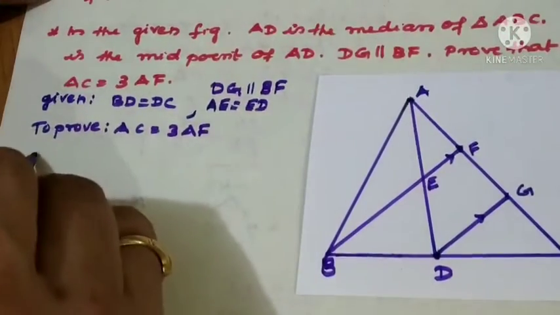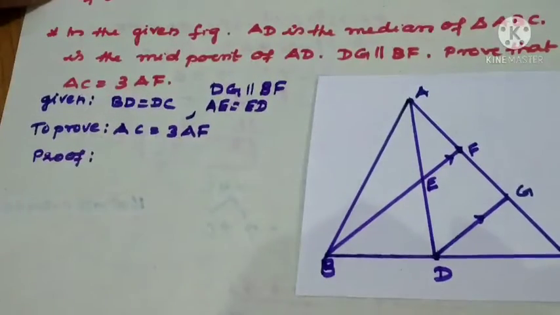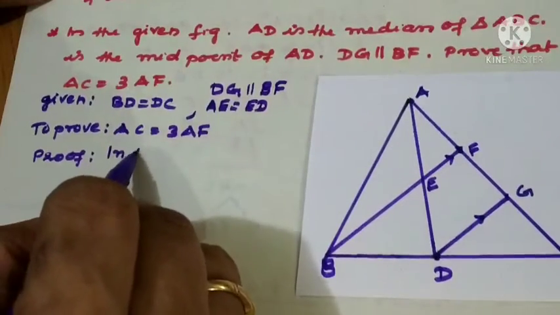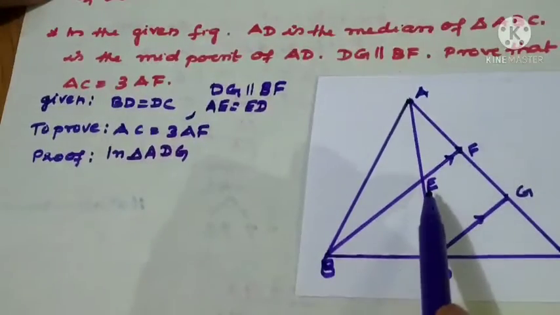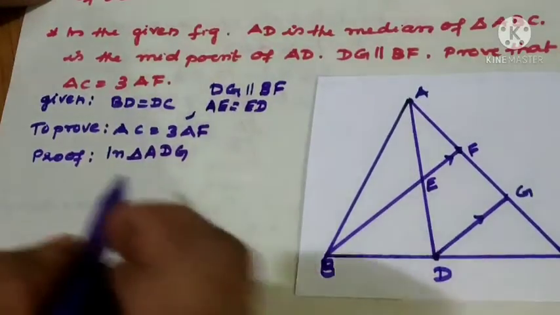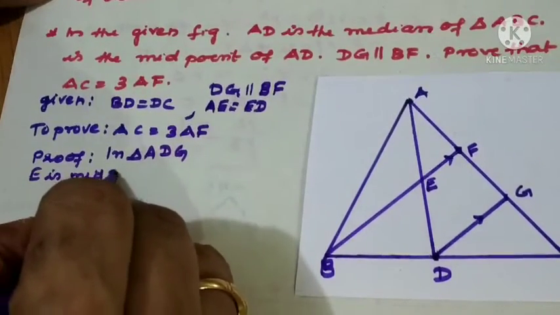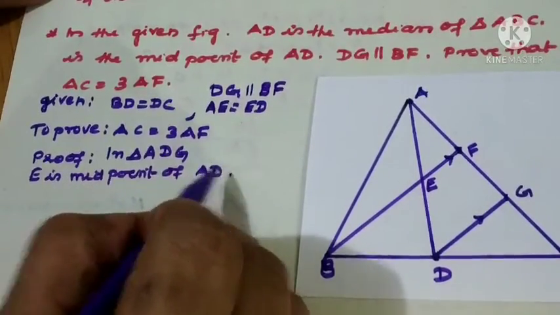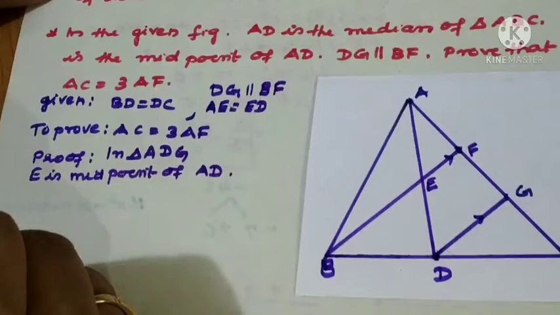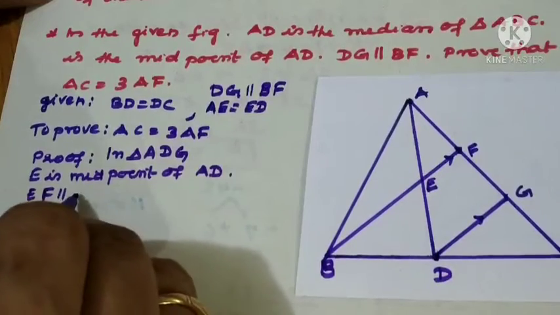Proof: In triangle ADG, E is the midpoint of AD, and EF is parallel to DG.